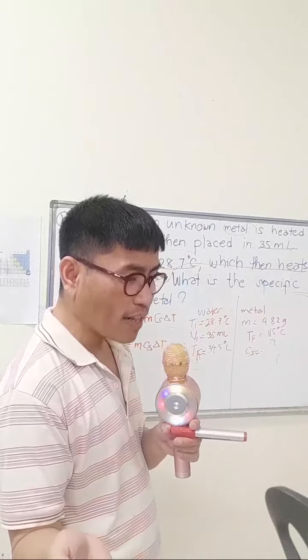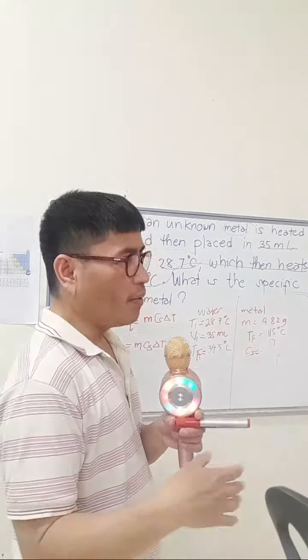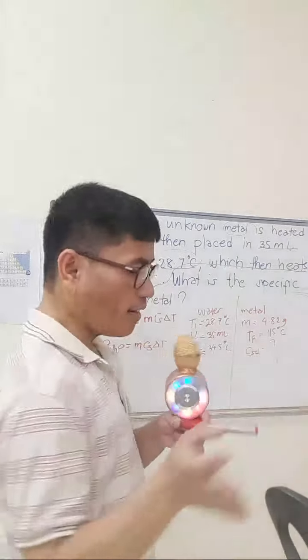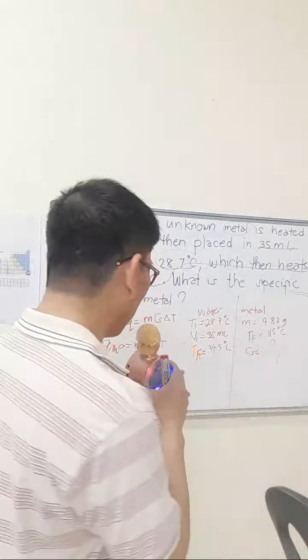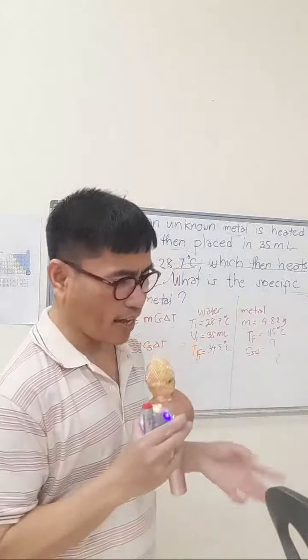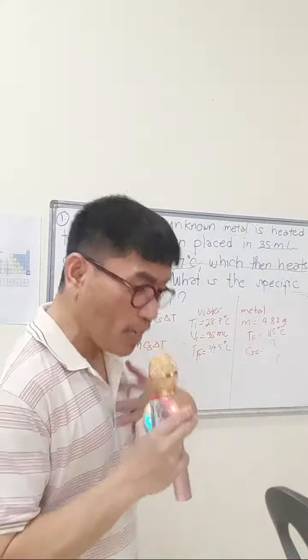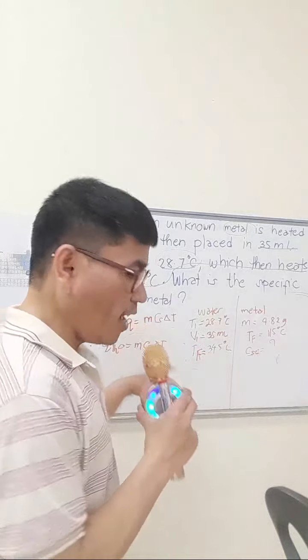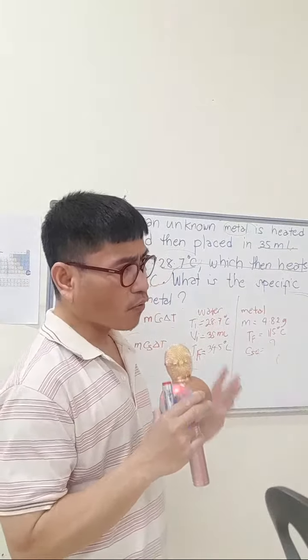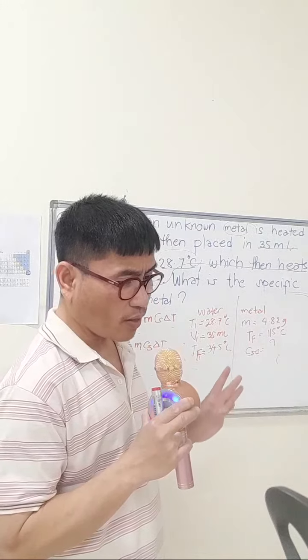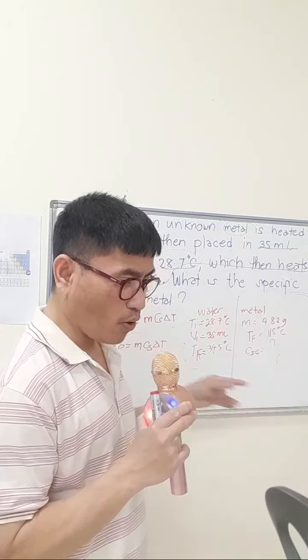It's always like that. First, look at the data that could be substituted directly. Second, look for the standard that could also be substituted directly. Third, look for the correlation with other quantities and formulas before you apply it here.